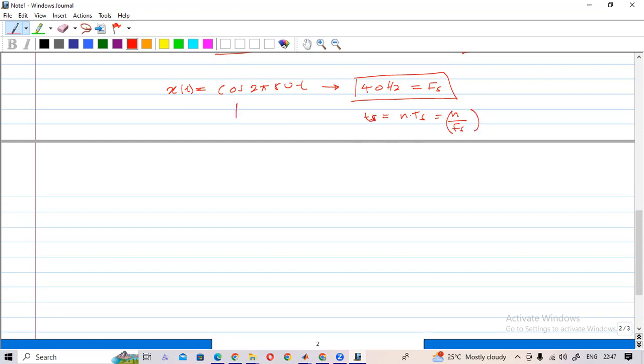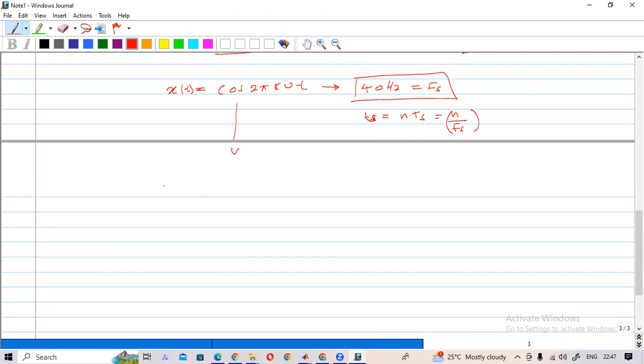Once you sample this signal by 40, it will become a function of n, and our signal will be cos 2π50. So instead of this t, you can apply nTs, n over Fs.